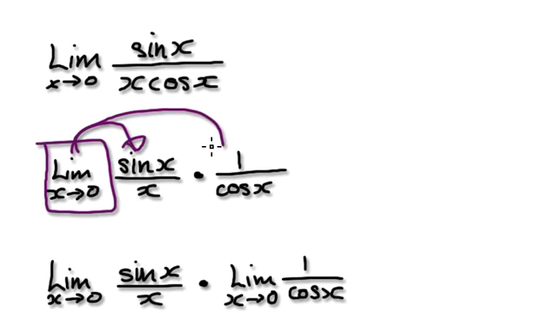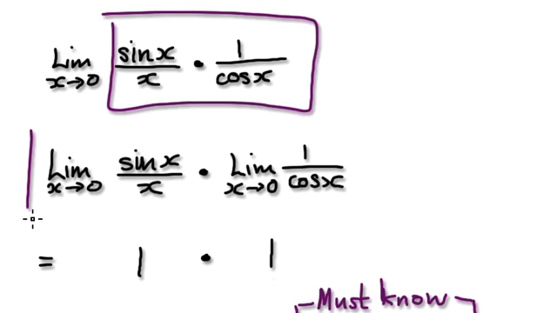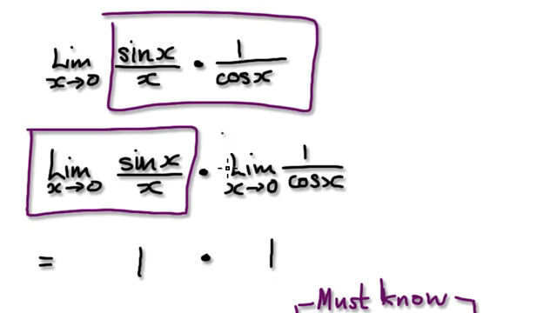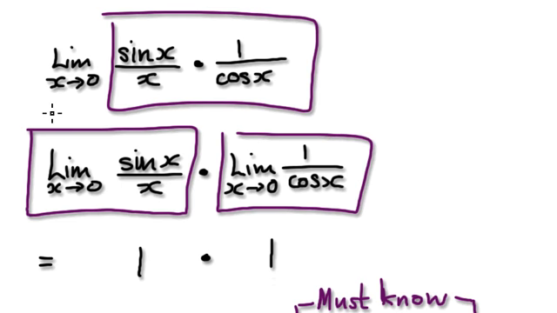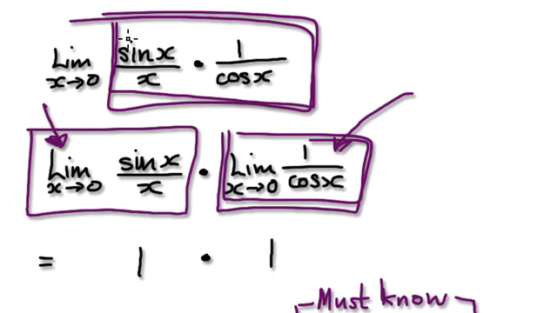Basically, split this up into two separate fractions, and then take the limit of this and take the limit of this. So the limit of this whole thing here is the same as taking the limit of this, find whatever the answer of this is, and then multiply it with the limit of this. That's the same as finding out the limit of the whole thing.